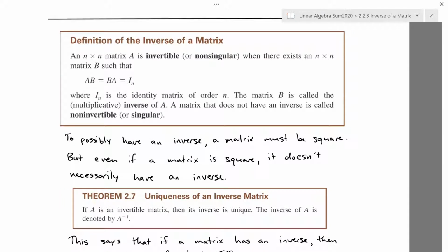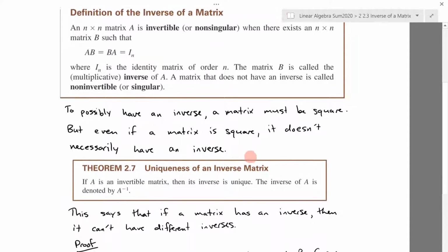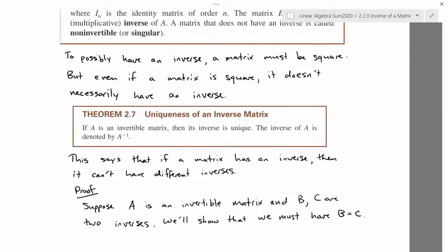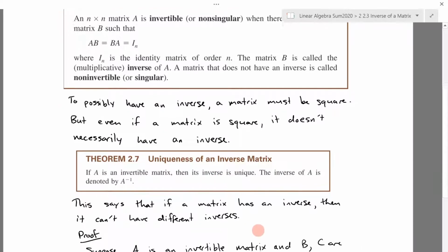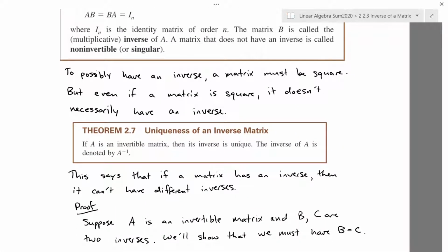Some matrices have an inverse, some matrices do not, as we'll see in this section. However, if a matrix does have an inverse, then the inverse is unique. This means it can't have different inverse matrices, so there's only one way of getting the inverse.